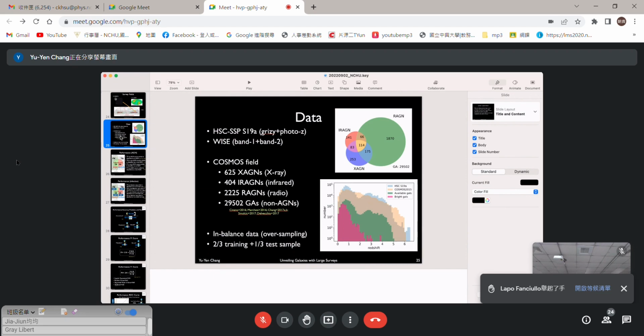Or how to deal with the data? So for non-AGN galaxies, how do we observe them?